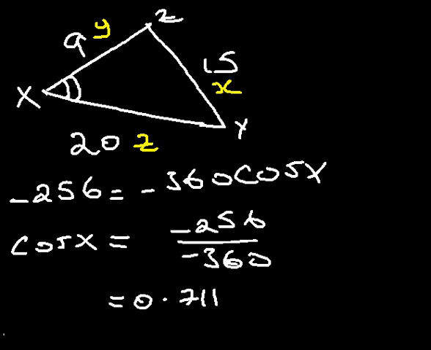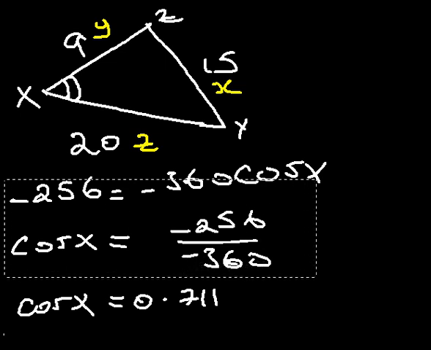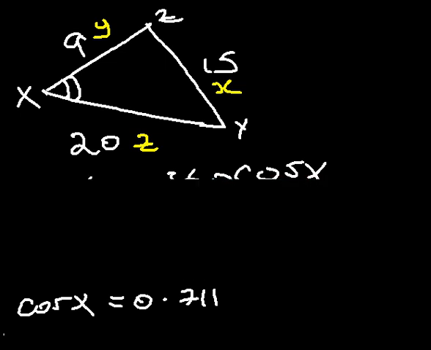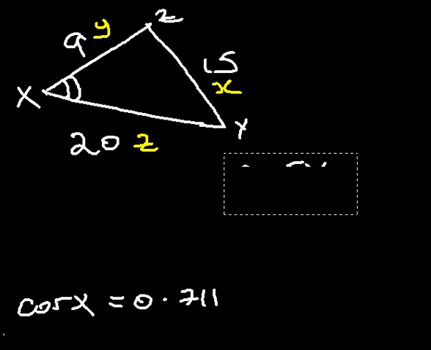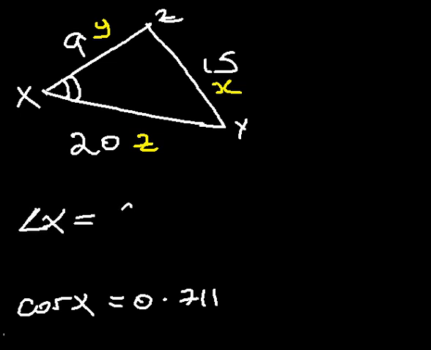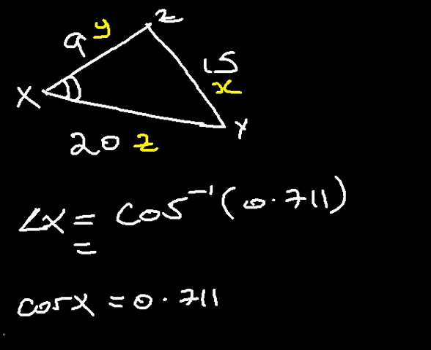So we have that as cos X. Now we are looking for the value of the angle X, so we take the cos inverse of that value. The value of the angle X will be the cos inverse of 0.711. So what is that?